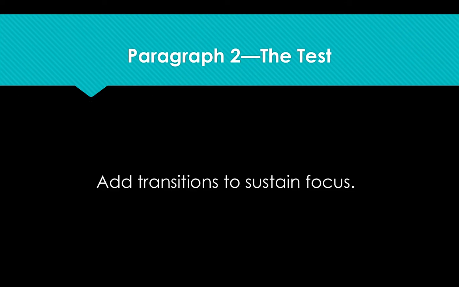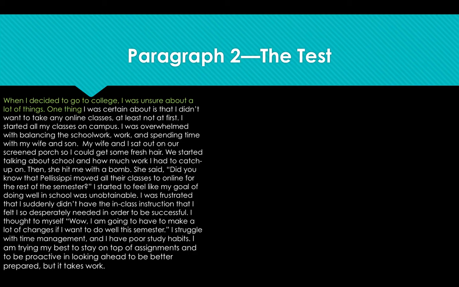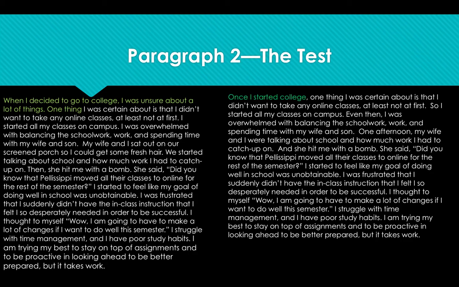So what this writer can do is add transitions and maybe tighten the wording a little bit to sustain the paragraph's focus. So instead of when I decided to go to college, once I started college, that lets your reader know that now we're talking about when he begins college.